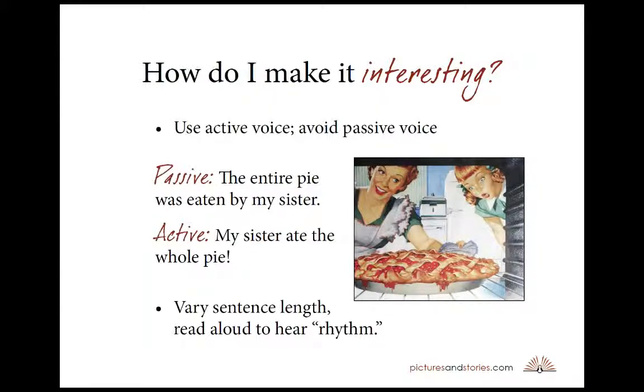Passive voice would be, the entire pie was eaten by my sister. Whereas active, my sister ate the whole pie. So the idea is that the person is doing the action rather than the pie being acted upon by your sister. It's your sister that's actually eating the pie. It's kind of a fine distinction, but it will make your writing much more direct and easier to read.